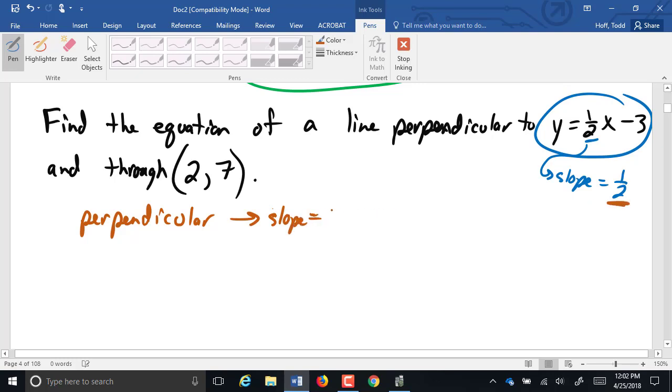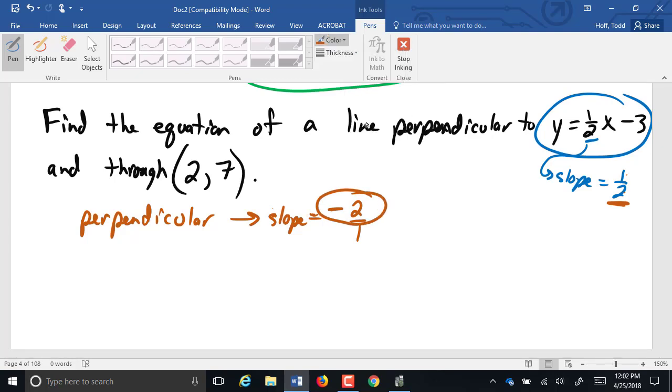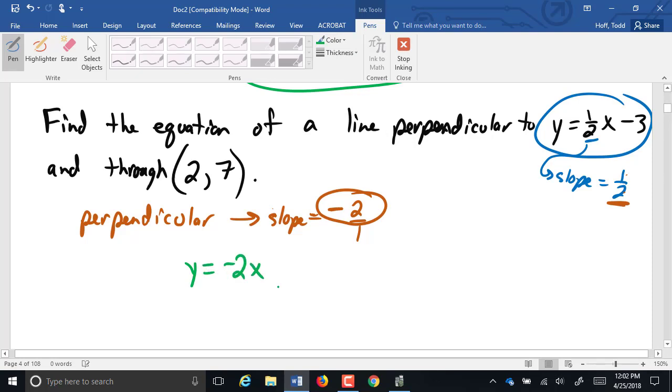So this is positive, this one's going to be negative. Reciprocal, this one's 1/2, so this will be 2/1, or just a -2. So to write that equation, I start as y equals -2 times x. I have to find my y-intercept, so I'm going to put plus b in there.